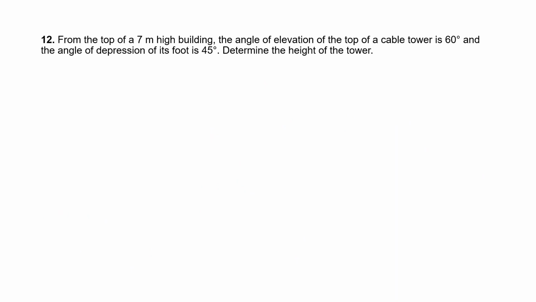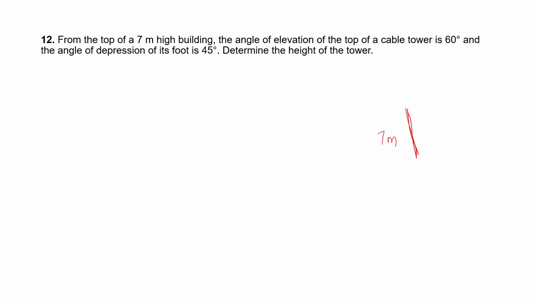So you can do, I guess there are some around 16 questions. Okay, so the next question is: from the top of a 7-meter high building, the angle of elevation of the top of a cable tower is 60 degree. One building is there, 7 meter.